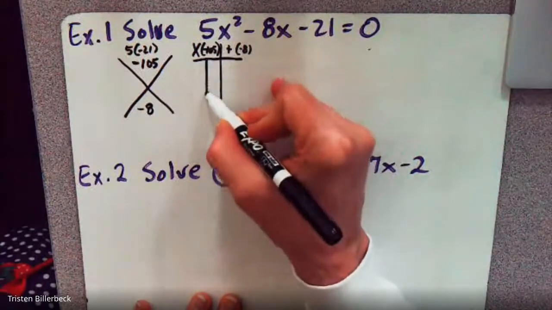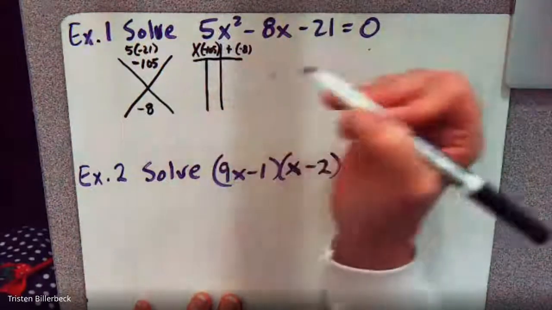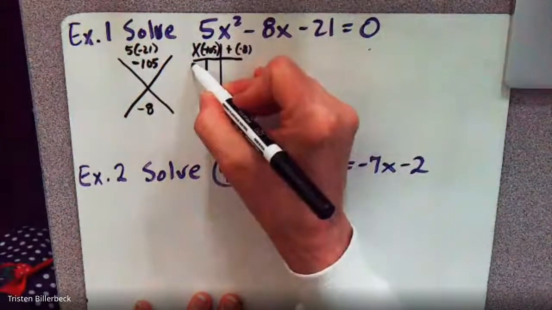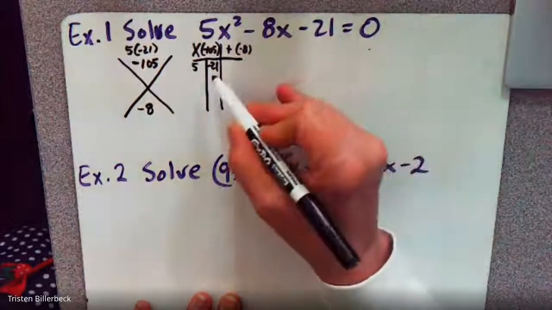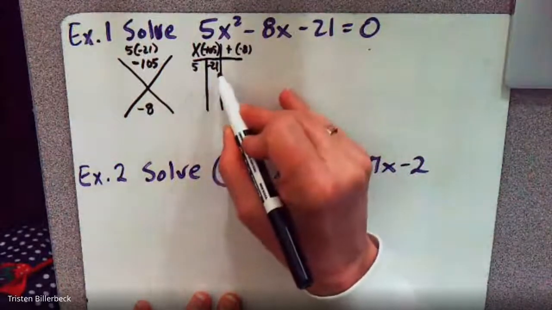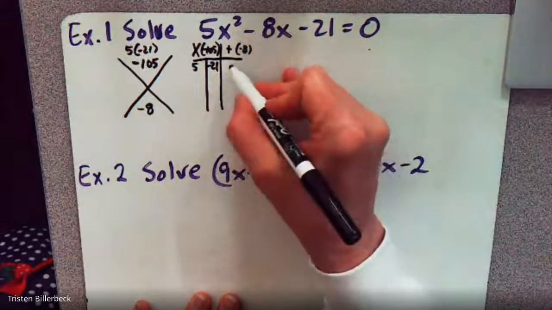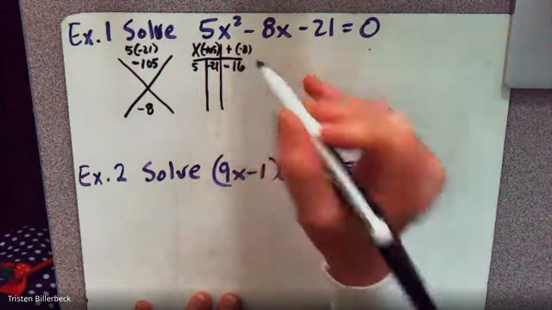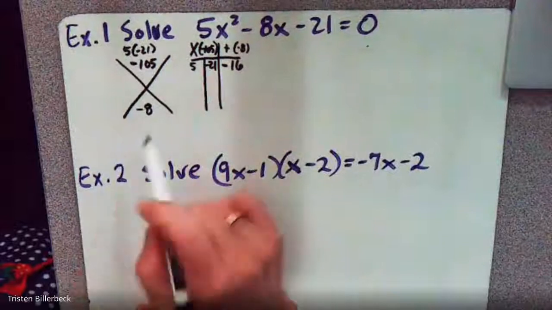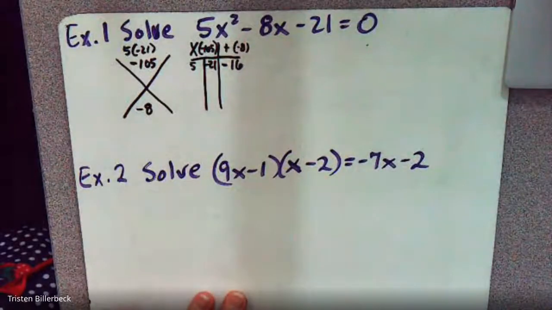Okay, so we know 5 and negative 21 are factors, and when we add that together, we get negative 16. It's not quite 8, so we need to get them closer together.